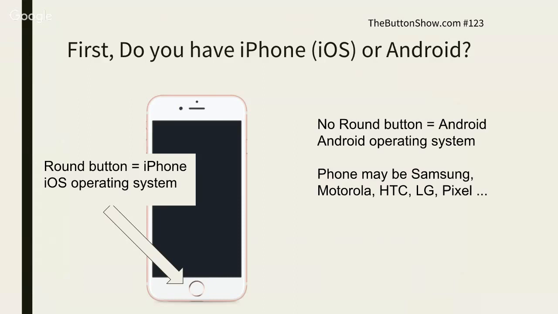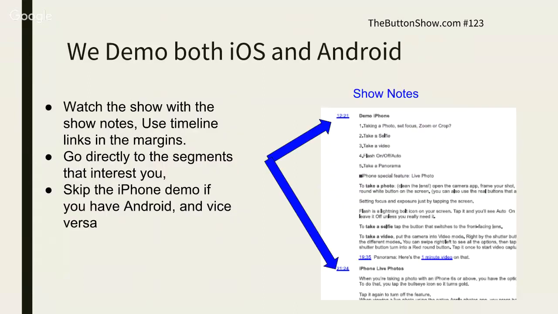So the Android operating system has almost all the rest of the market other than what iPhone has. But the phone itself might be a Samsung, a Motorola, an HTC, an LG, or like Jim's phone, it might be made by Google, which is a Pixel. So we demo both iOS and Android in this show.